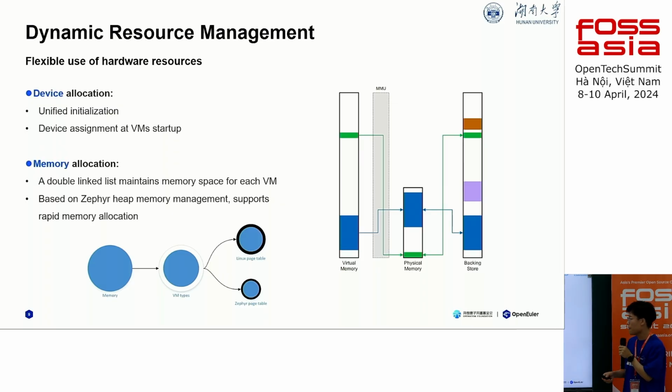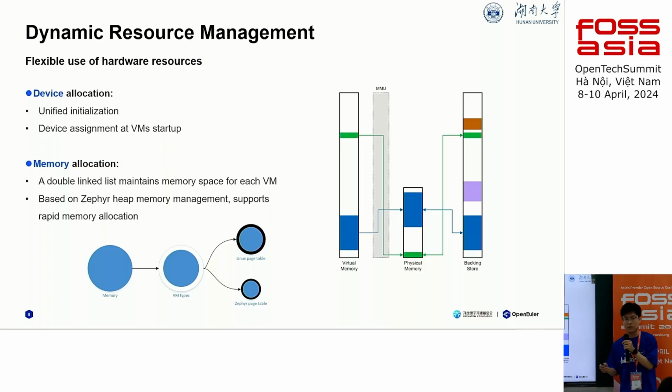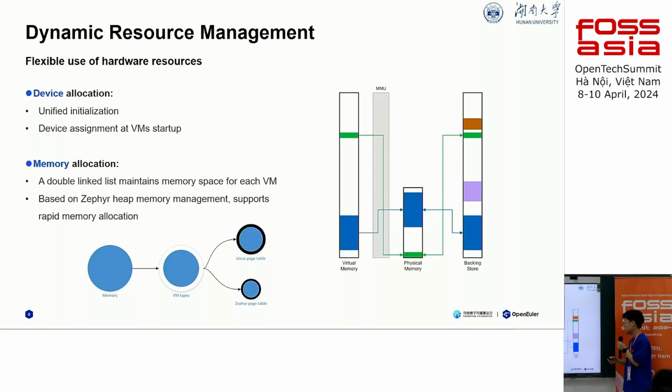ZVM can also provide different page tables to different OSes, maybe a small page table for the Zephyr VM or a bigger page table for the Linux VM. And based on the Zephyr heap memory management, ZVM supports rapid memory allocation. It makes ZVM easier to use.